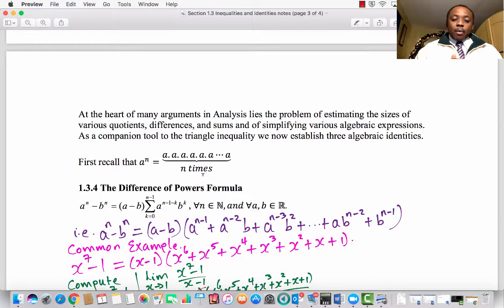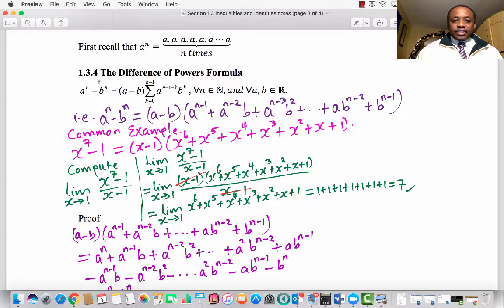Number 1 is known as the difference of powers rule, subsection 1.3.4. It states that A to the n minus B to the n equals A minus B times summation k from 0 to n minus 1, A to the n minus 1 minus k, B to the k, where n is a natural number, A and B are real numbers.